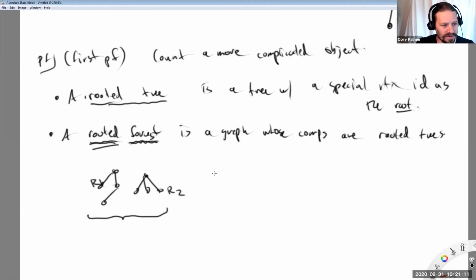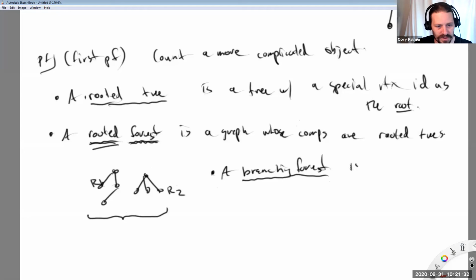But let me add one more definition here. A branching forest, okay? Now, this is not standard. Rooted tree, rooted forest, all these terms come up all the time. Branching forest is only really used in this proof, and it doesn't add any new information to this definition. It just makes it a little easier to visualize, and it says the following.